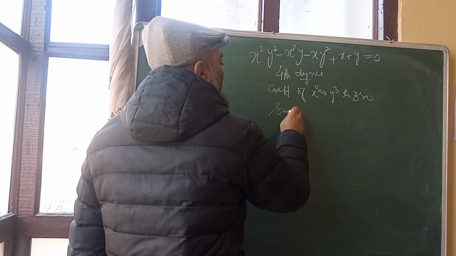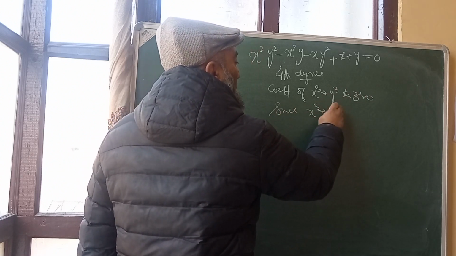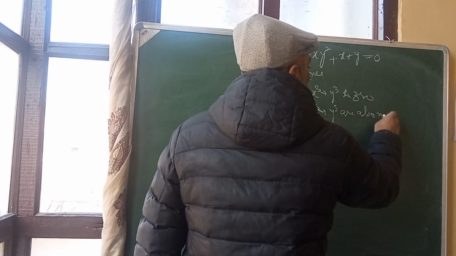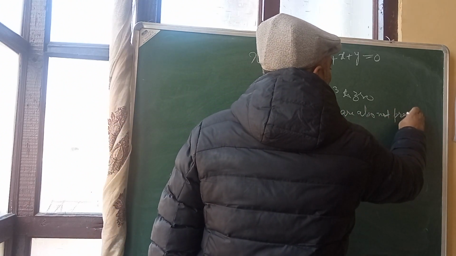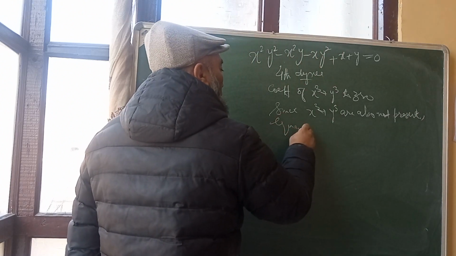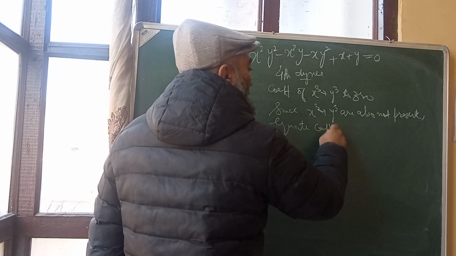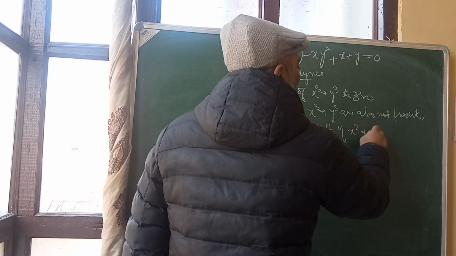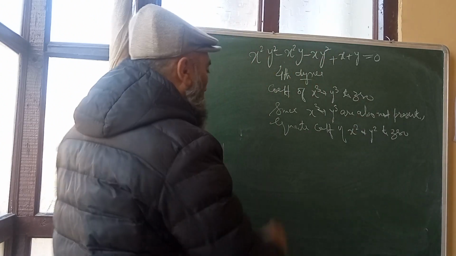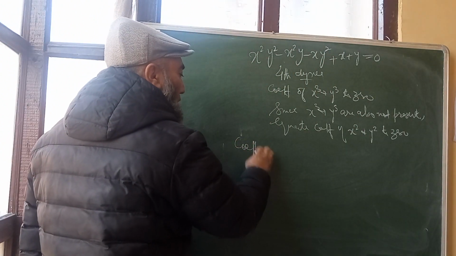Since x cube and y cube are also not present, equate the coefficients of x square and y square to 0. This is very simple.